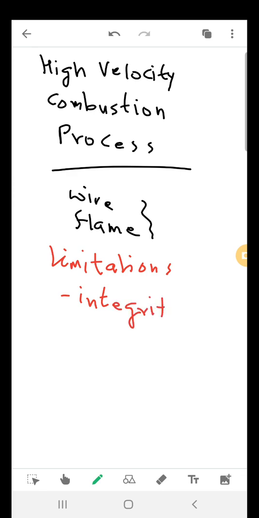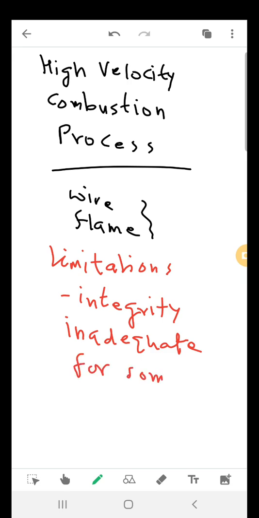So the integrity is inadequate for some demanding cases, where the integrity or the composition of the material needs to be perfect.